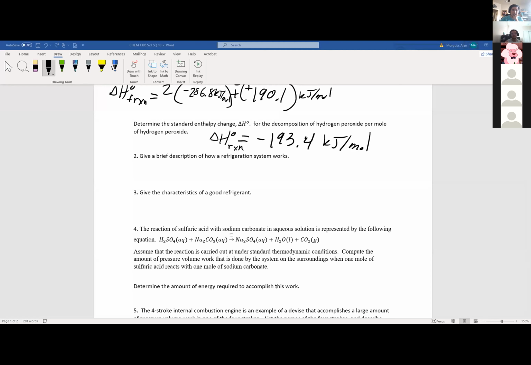So heat gets drawn out of the refrigerator. So how does the heat get drawn out specifically? So we know that heat gets drawn out. But can anyone be more specific on how or why?